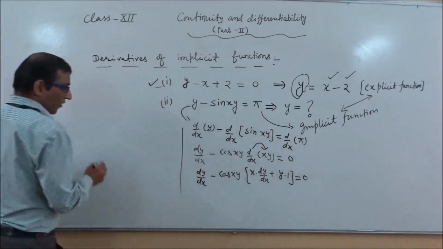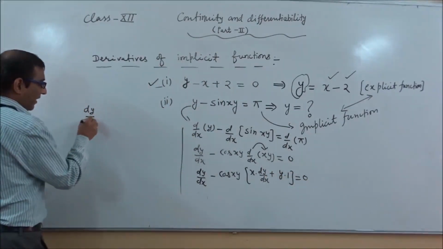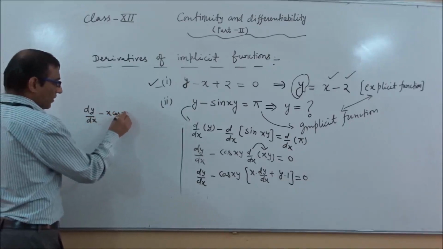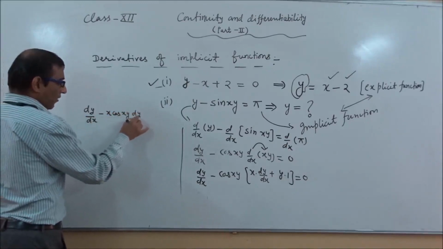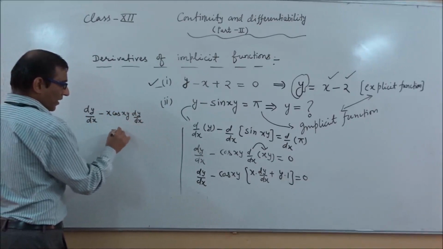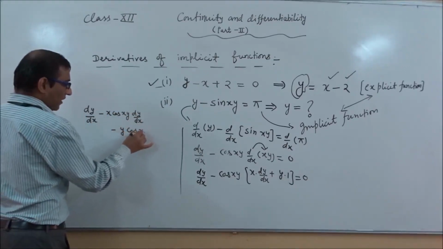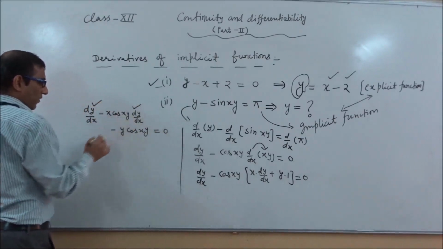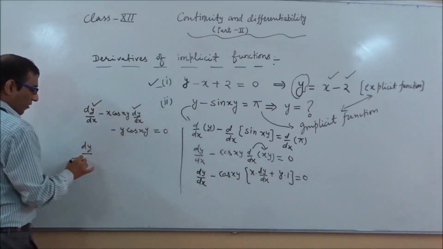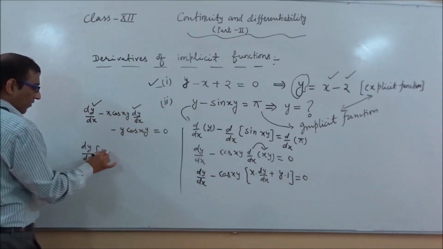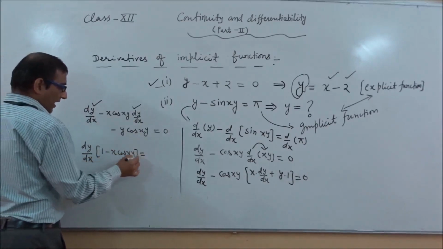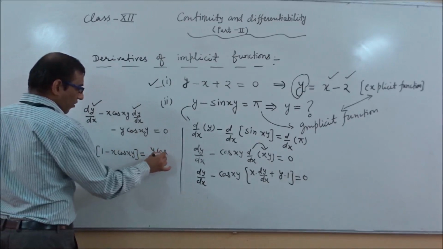After this, how can we calculate it? dy by dx minus x cos xy dy by dx minus y cos xy equals 0. In these two terms, dy by dx is common, so we take it common. What is remaining? 1 minus x cos xy, and here we write y cos xy.